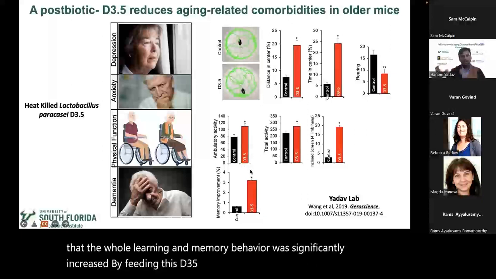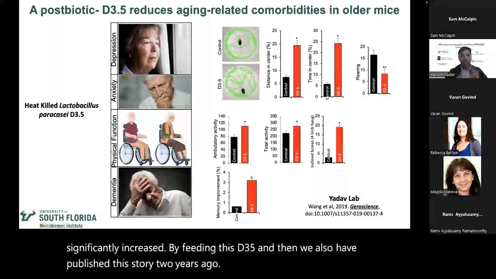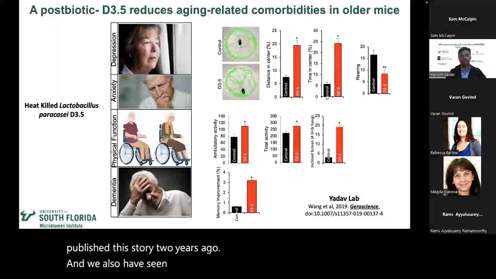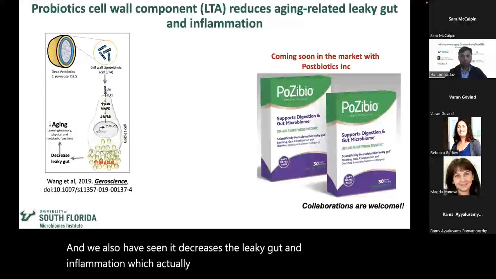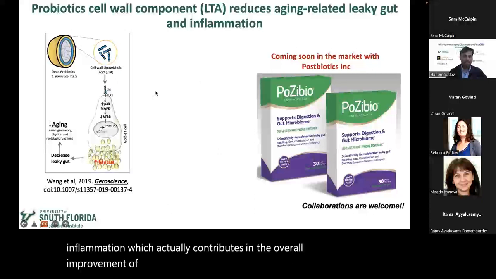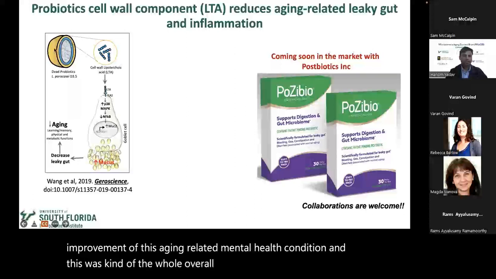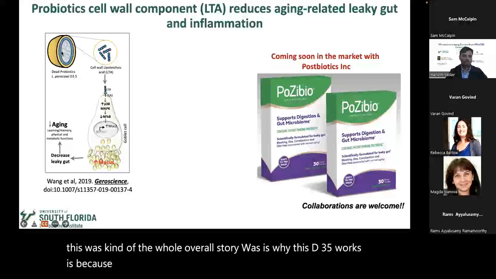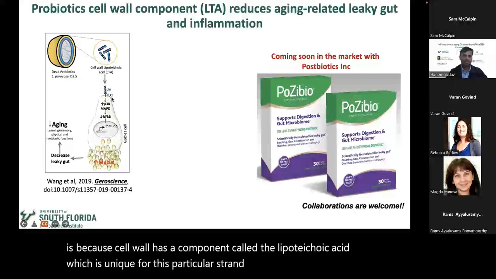We published this story two years ago. We also saw that it decreases leaky gut and inflammation, which contributes to the overall improvement of aging-related mental health conditions. The overall story of why D35 works is that the cell wall has a component called lipoteichoic acid, which is unique to this particular strain and activates TLR2 signaling.